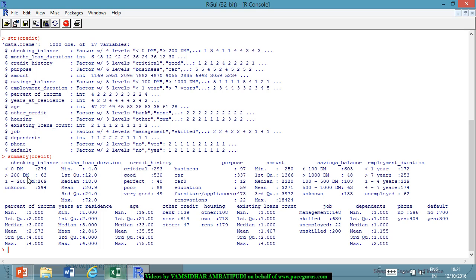So one way is that, or the other way is I should not consider these nominal variables as a part of my model building process at all. But rather than that, let's quickly try to do dummy variable creation for each one of them. Right?